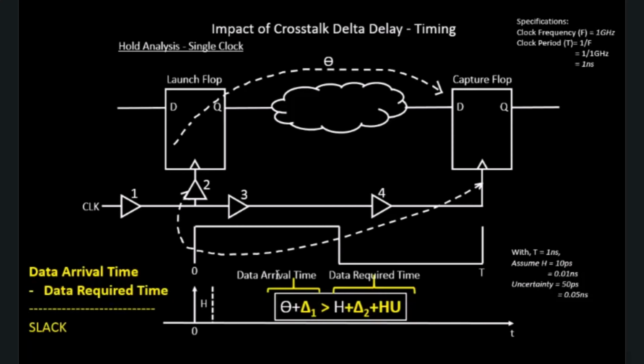In this case, the data arrival time has to be greater than the data required time, and the difference between them will be called slack, because this is what is required, and slack is always expected to be positive. It's a standard industry nomenclature that we want to see slack as positive. Hence there is a change in the equation of slack over here.